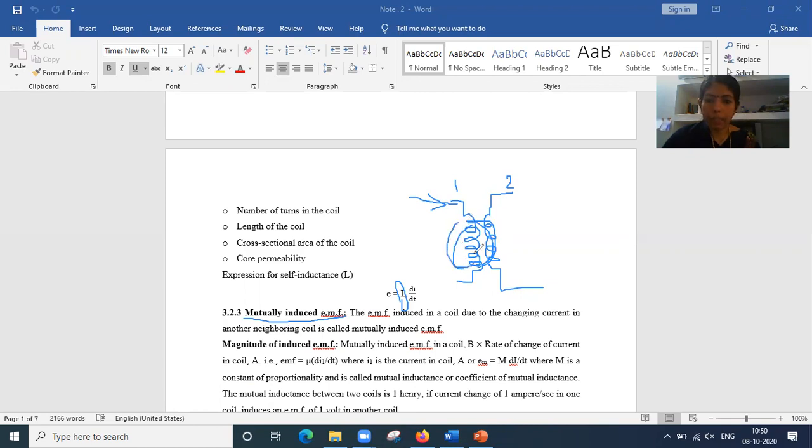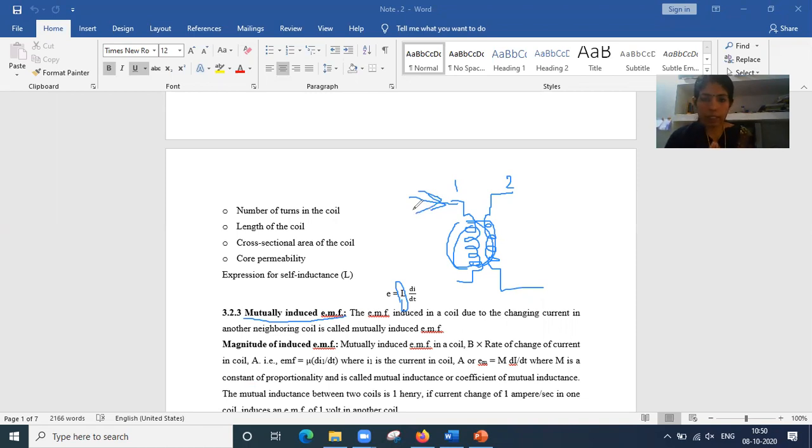That magnetic field will link with the second coil because it is placed near to the first coil. This alternating current produces an alternating magnetic field, and it produces a self-induced EMF in the first coil.